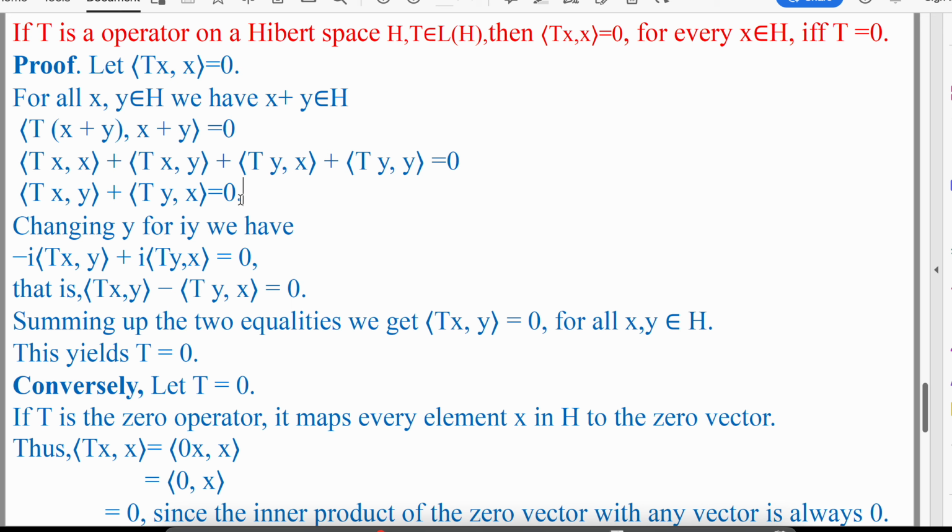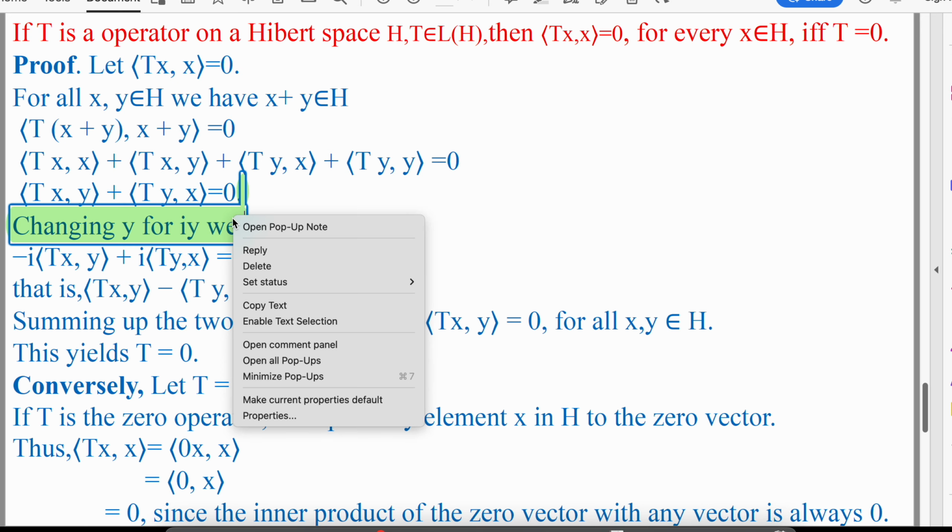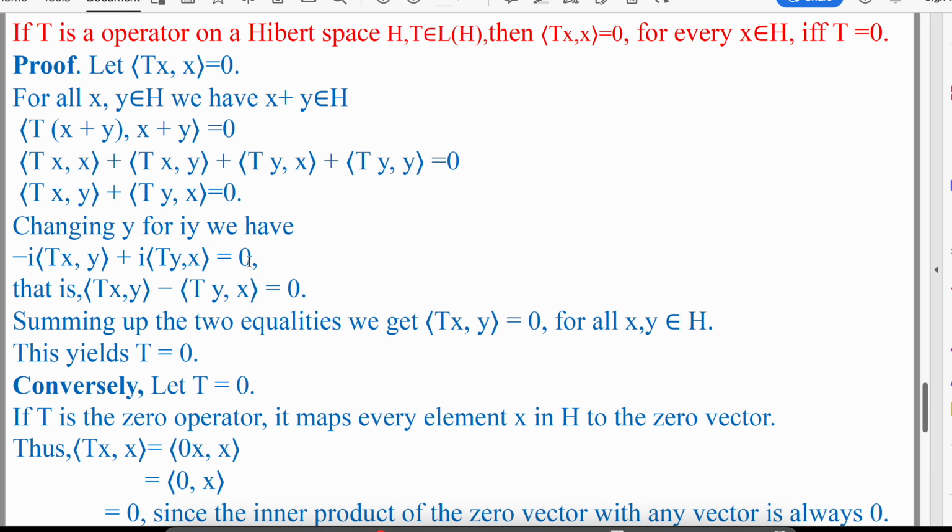If we add this equality and this equality, then we will get this term twice, and this and this will cancel out.